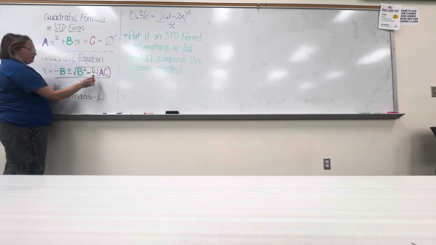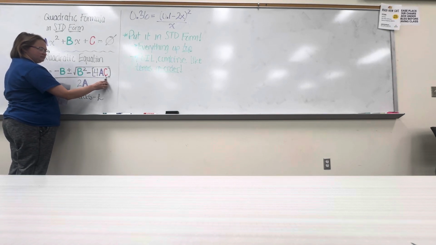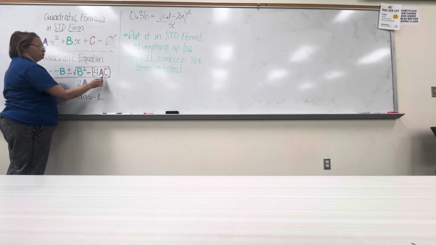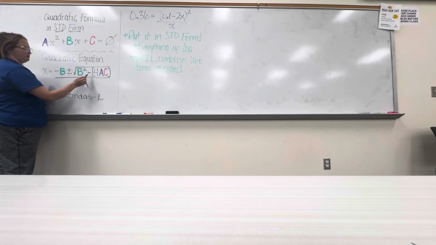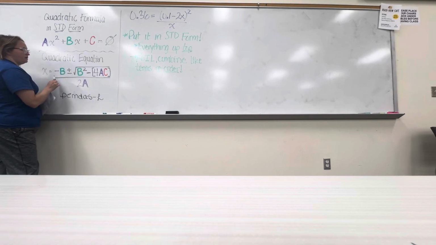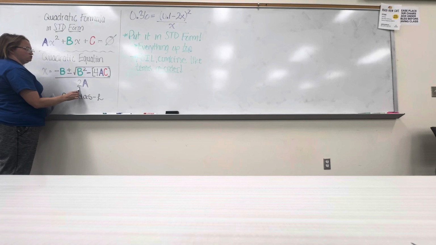We're going to multiply a and c together, and then multiply that value by 4. And that value within those brackets is what is going to be subtracted from your b squared term, okay? Then we're going to go to the bottom, and we're going to multiply 2 times the value of a.